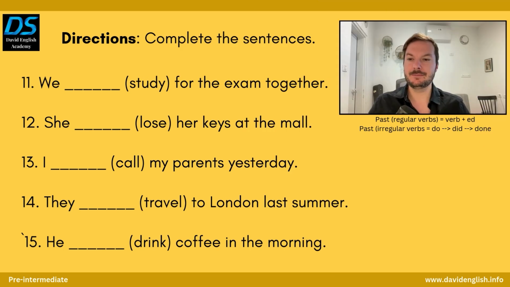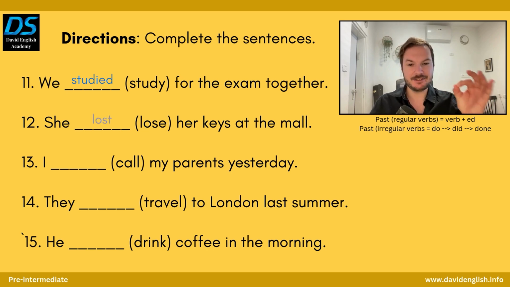Complete the sentences. Number 11, we study for the exam together. We studied for the exam together. Remember, drop the Y and put IED for spelling. Number 12, she lose her keys at the mall. What do you think? She lost her keys at the mall.